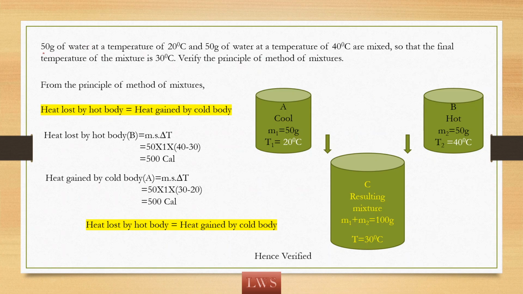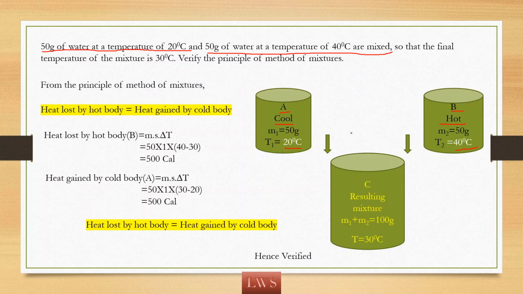So here, what is the problem stating? 50 grams of water at a temperature of 20 degrees Celsius and 50 grams of water at a temperature of 40 degrees Celsius are mixed. So we are taking A, whose temperature is 20 degrees Celsius, and B, whose temperature is 40 degrees. Here the temperature of B is high and the temperature of A is less. So A will become our cool body and B will become our hot body.